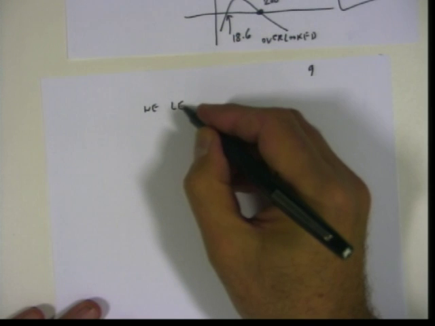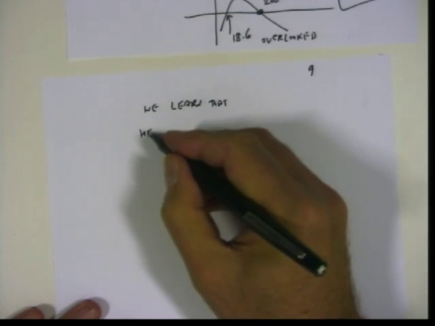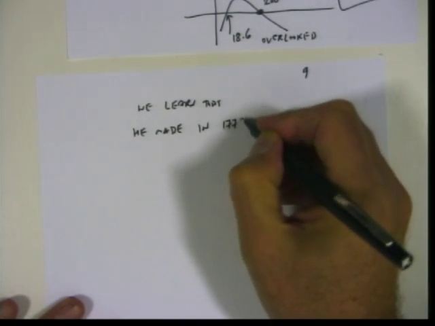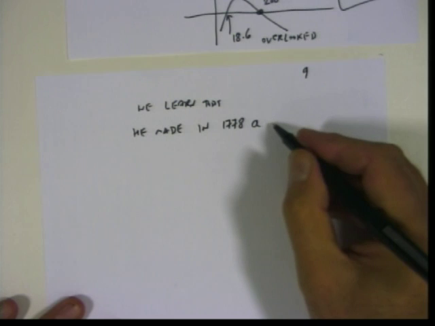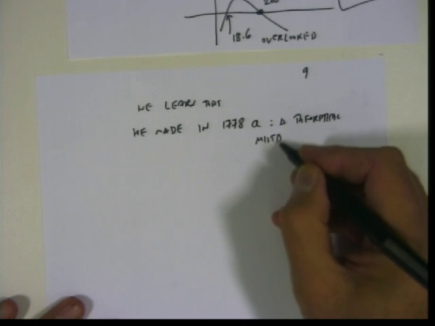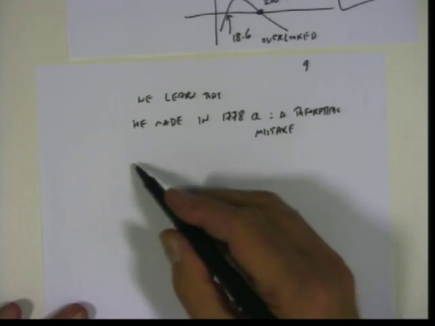So we learn that he made, in 1778, a theoretical mistake. I'm not going to go into details what exactly that mistake is.